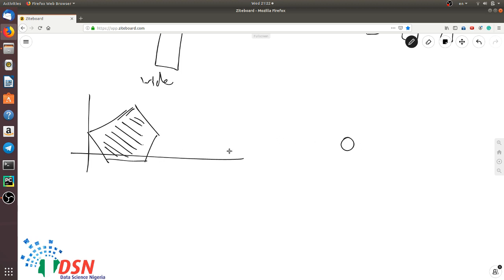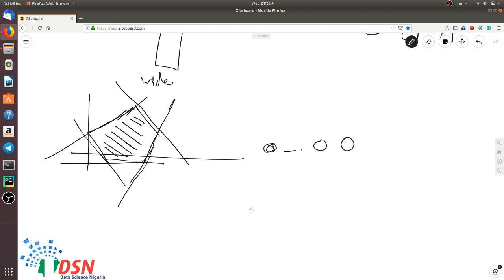Each neuron could actually divide the space into two half spaces. So for example, this neuron could create this line in the space to split it into two different half spaces. So we need 5 neurons to have this line, this one, this one, this one, and this one.